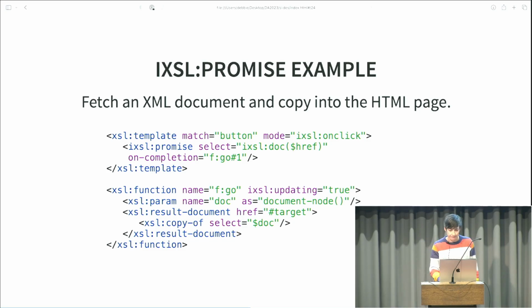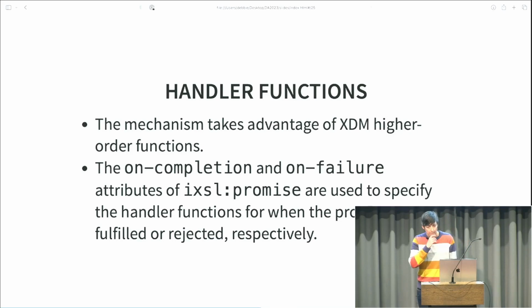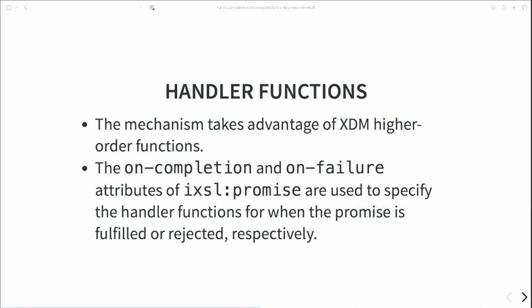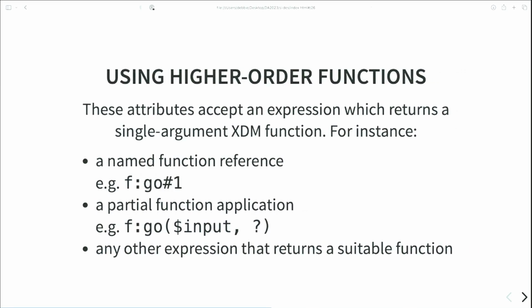Okay, so as you saw, the mechanism takes advantage of higher order functions. And yeah, the on completion and on failure attributes are used to specify the handler functions for fulfilled or rejected, the other way around. The example used this notation to direct you to the handler function, which may or may not be familiar.